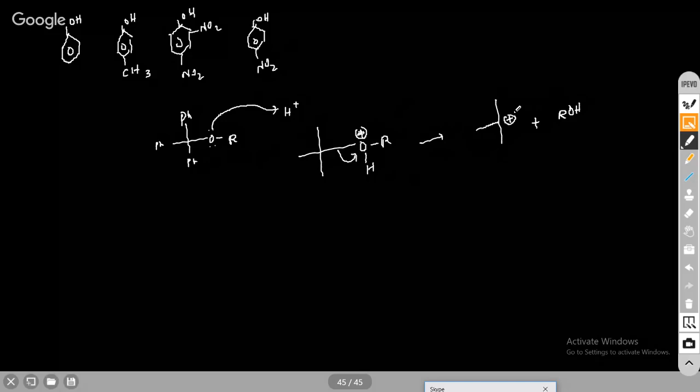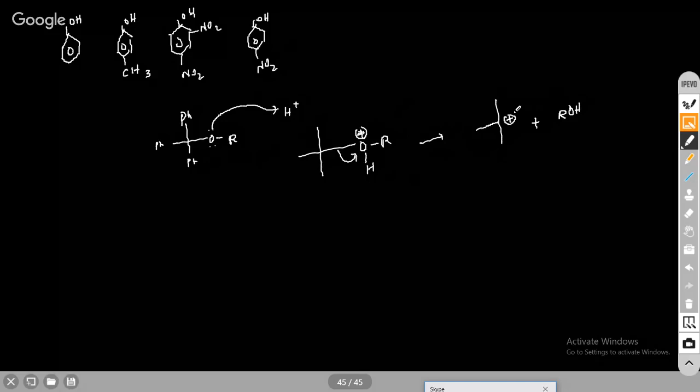Yes, it is stable, but you see, what is the question? A third degree carbocation is stable. But what is the question? Acidic hydrolysis of the ether shown below is fastest when. So whether any of these given options will stabilize this carbocation or not, that we have to find out. Option C, yes.